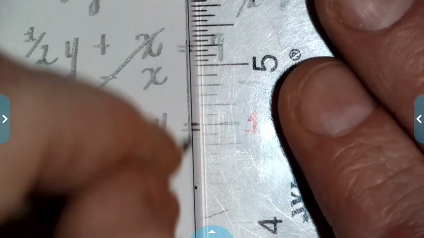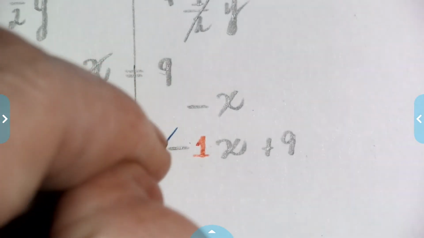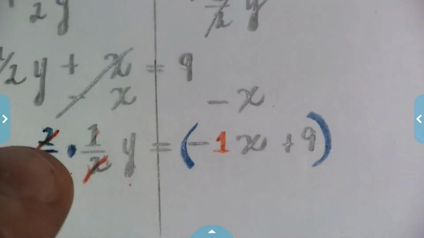On the right side, since I have to mirror this transaction, I need to encapsulate everything on the right in parentheses and then multiply by 2.